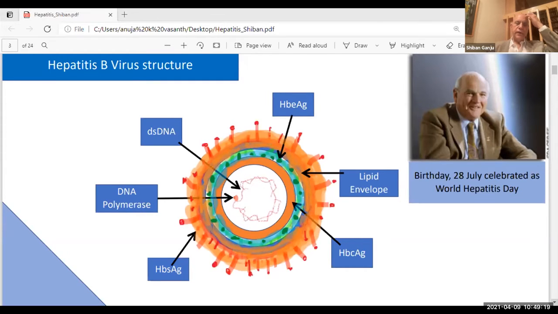The gentleman on the upper corner is Baruch Blumberg, who got the Nobel Prize for discovering this virus in 1976. He was working in tribal population in Australia, and so this was named initially as Australia antigen.